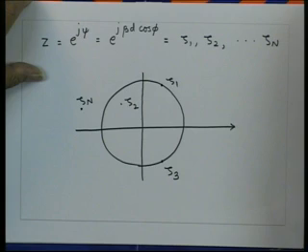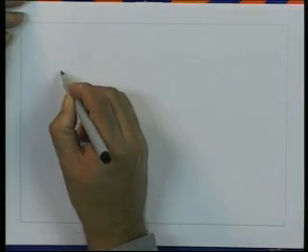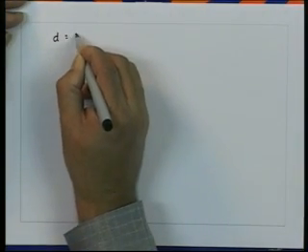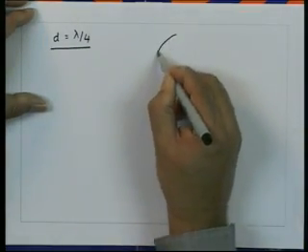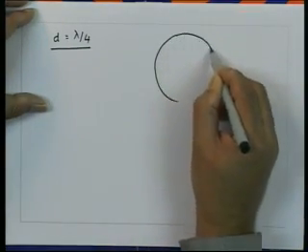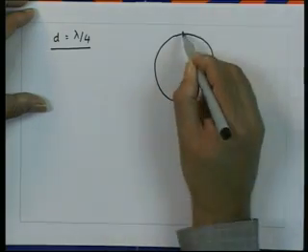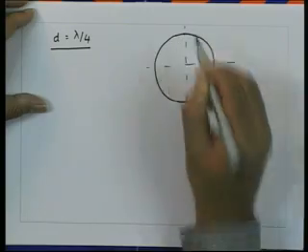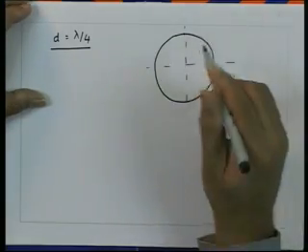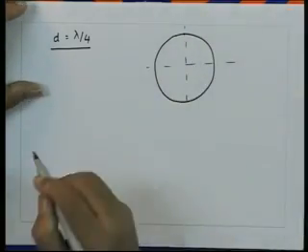So, I can write this circle. If I take d equal to lambda by 4, this would correspond to pi by 2, which corresponds to plus beta d for d equal to lambda by 4.